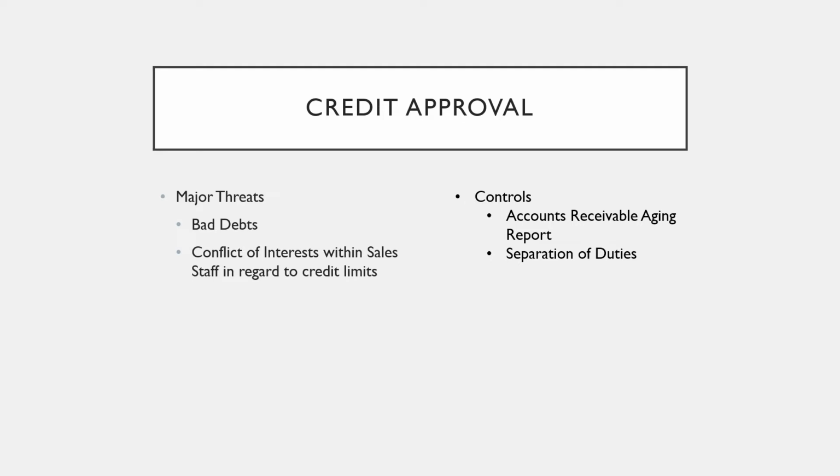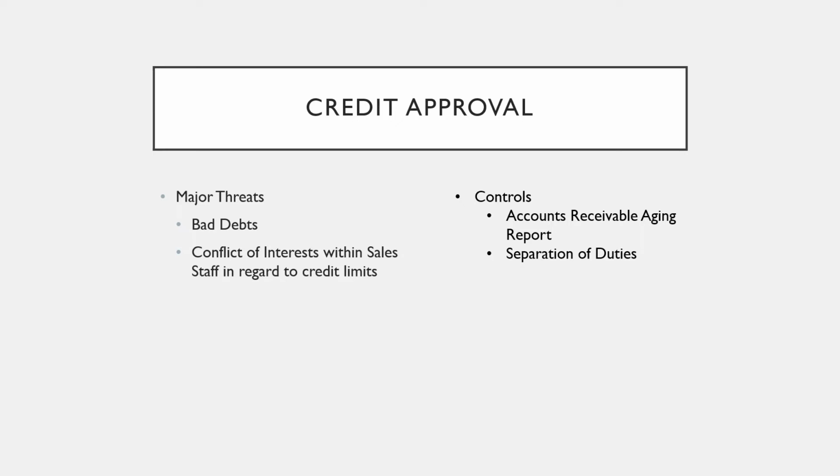A major threat that stems from that is an increased risk of bad debt, because if a customer tries to buy something that puts them over their credit limit, more than likely they might not be able to pay it back. And so that means it's also a loss of revenue on the company's part.